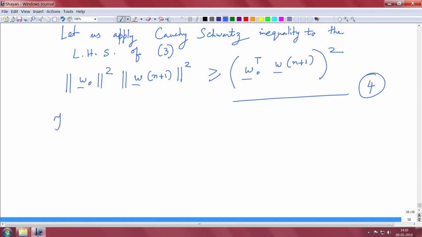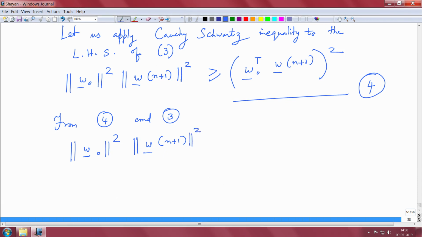So, from equation 4 and equation 3, the norm of W naught square times the norm of W n plus 1 square is greater than or equal to, and we have this bound, it is lower bounded by n plus 1. So, this square would be n plus 1 square times alpha square.